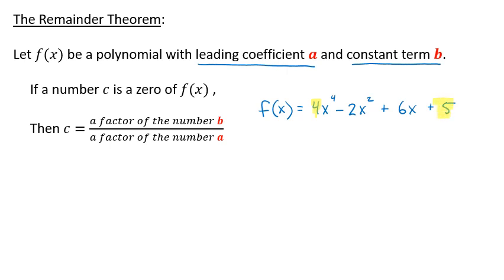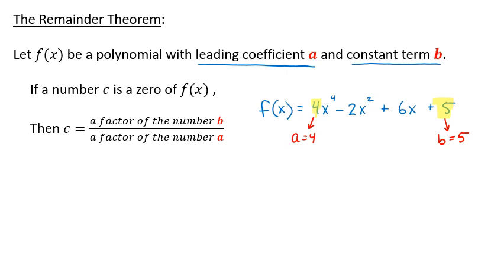So in this case, the leading coefficient, we're going to call that a. So for this example, a would be 4. And the constant term is b, so b is equal to 5.